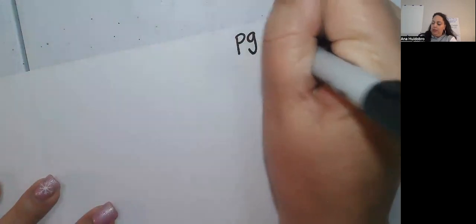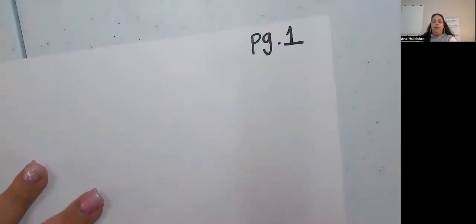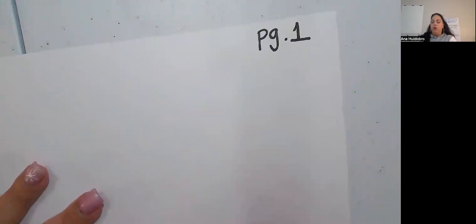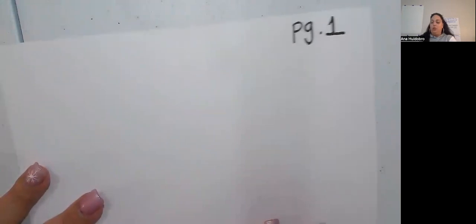Perfect. So here we go. This is going to be page 1 of what you upload. You could even write page 1 of what you're going to take a picture of and upload onto Google Classroom or whatever it is your teacher wants you to do.